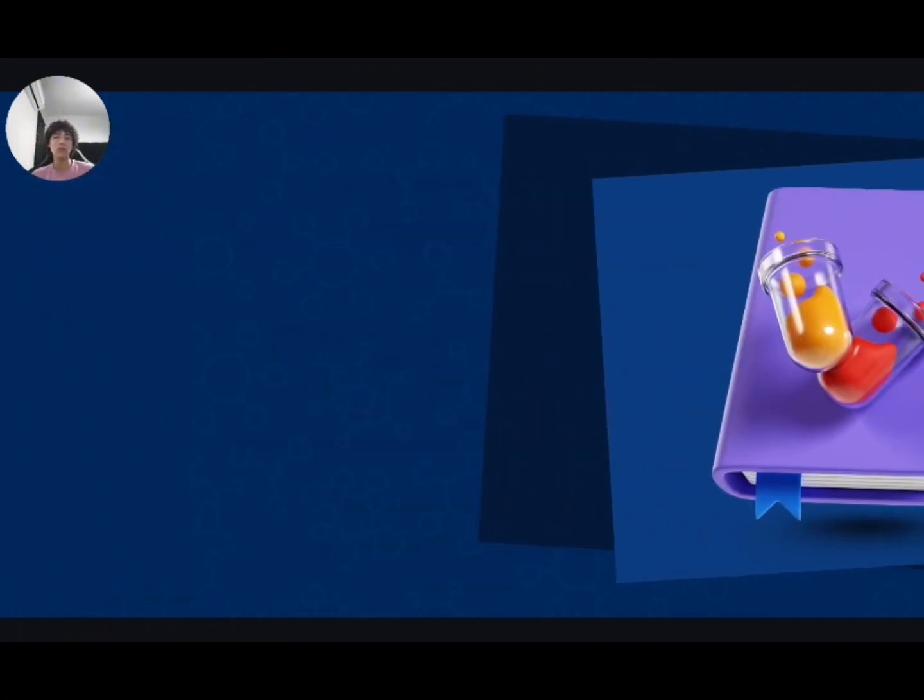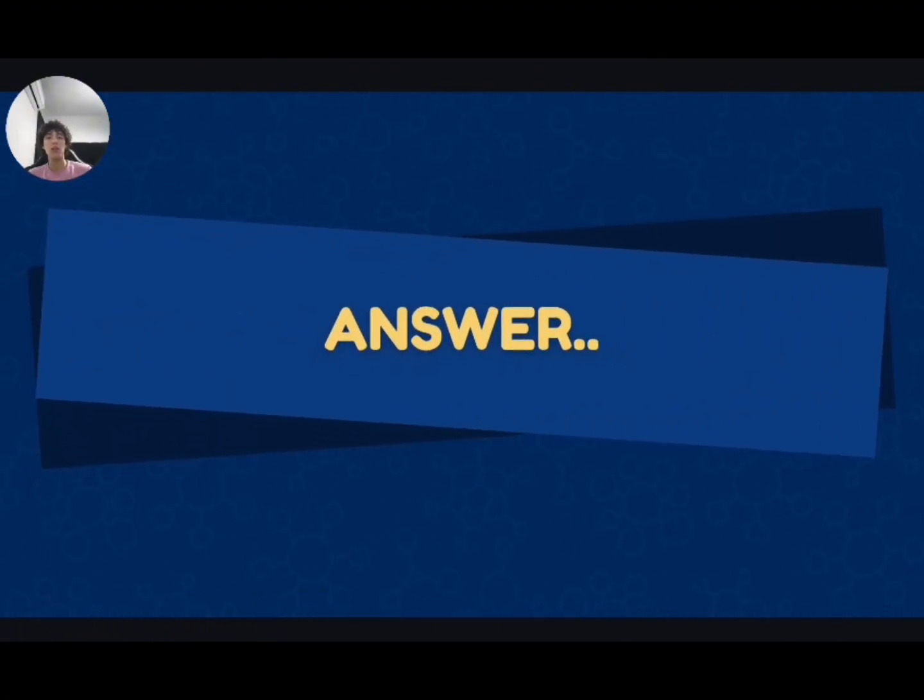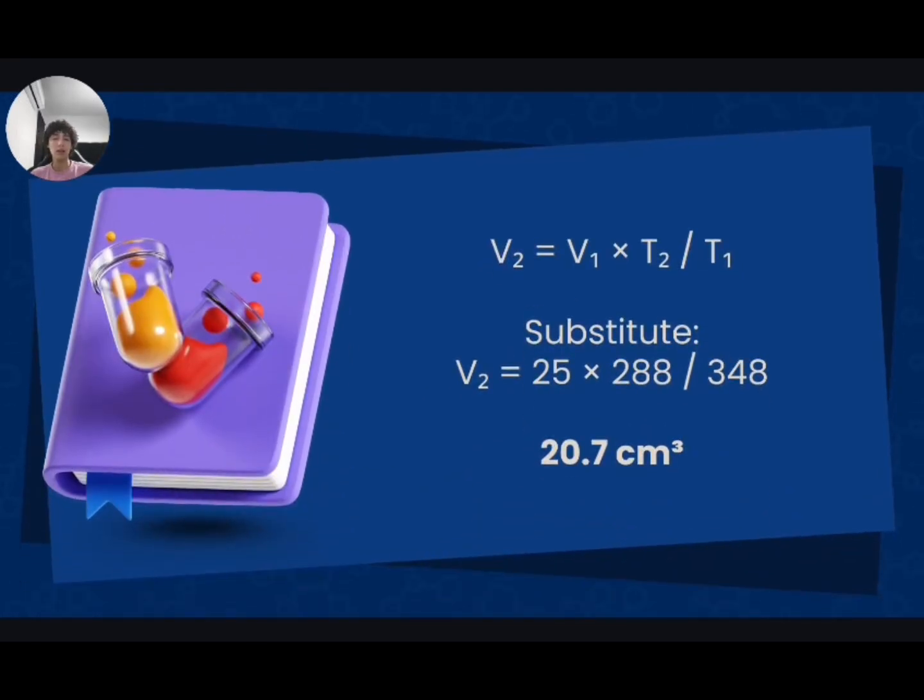We replace what we have in the formula and get 25 times 288 over 348, and the result is 20.7 cubic centimeters. That's practically it for my part.